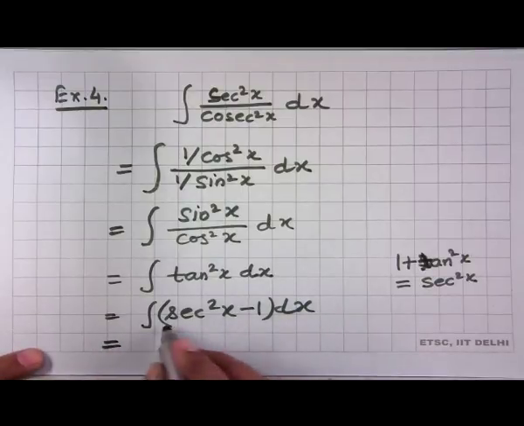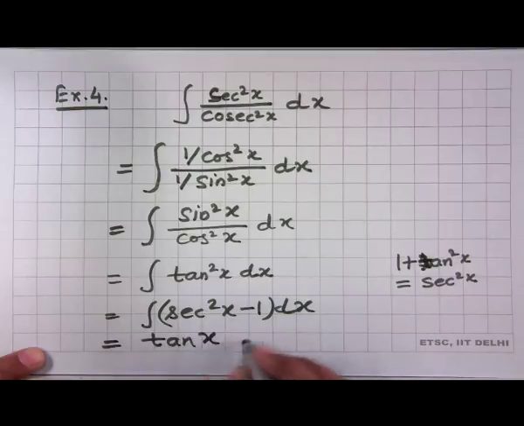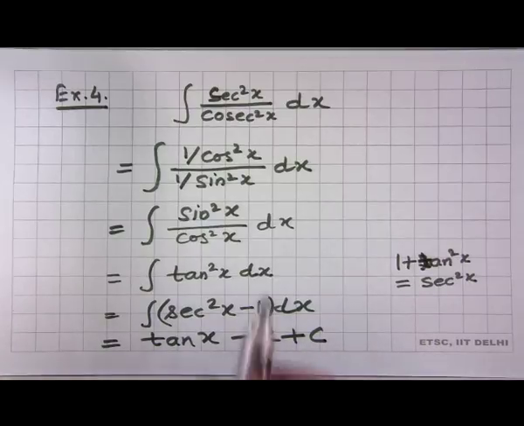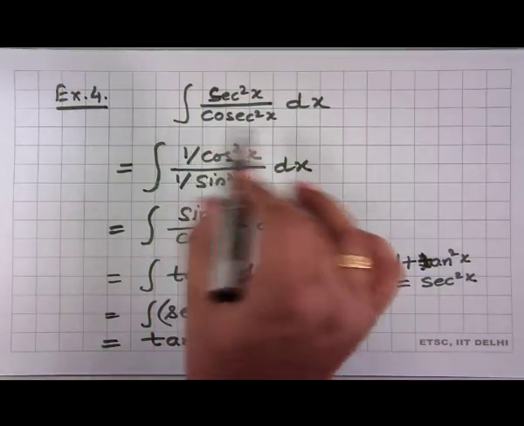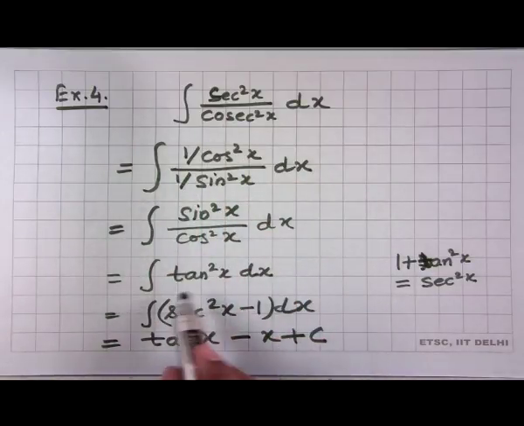The integral of sec square x is tan x, minus the integral of 1 which is x, plus the constant of integration. So, this somewhat complicated looking problem, after certain calculation, reached a relationship which we knew, and we used that relationship and ultimately found the integral.